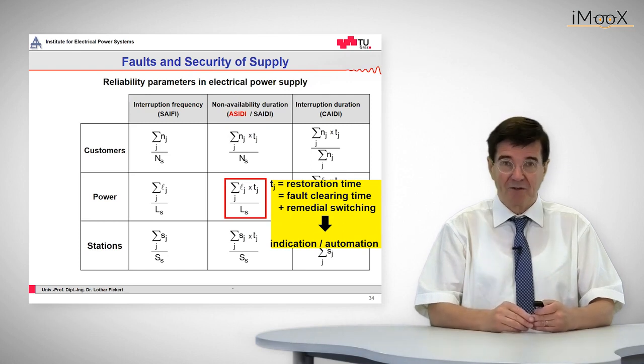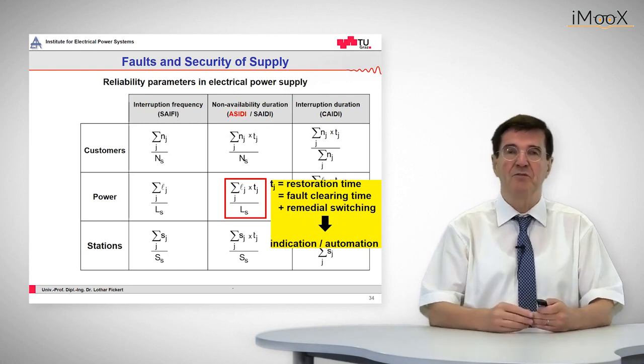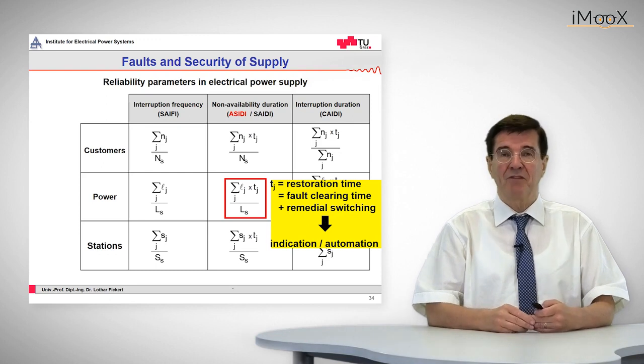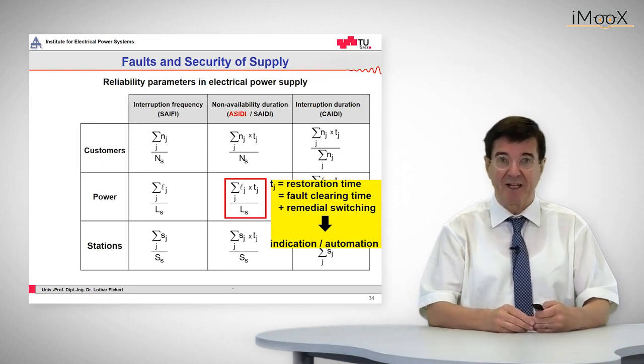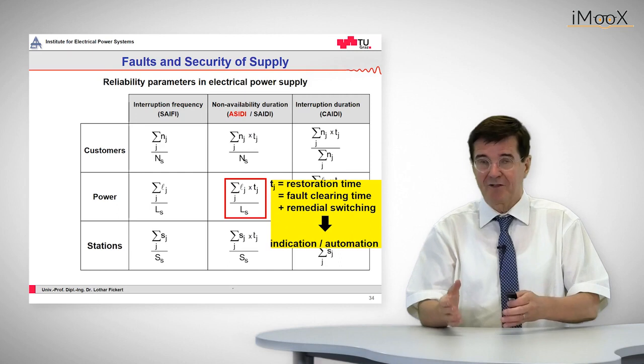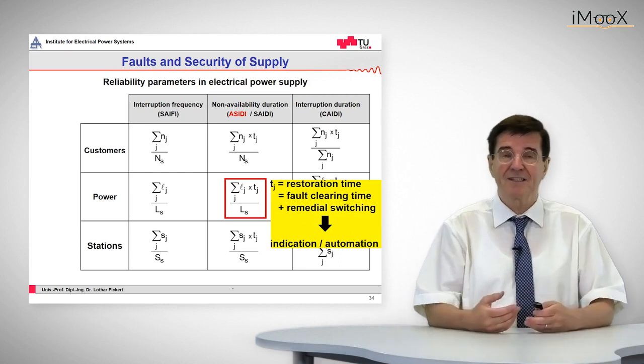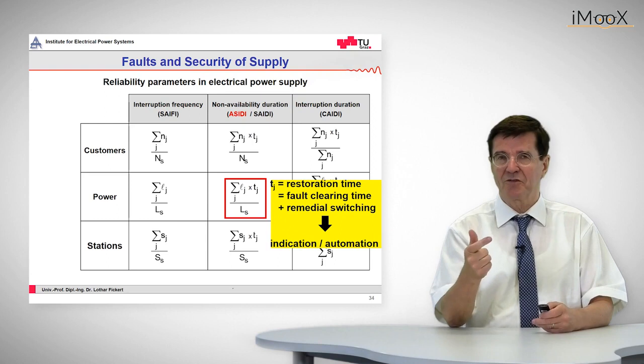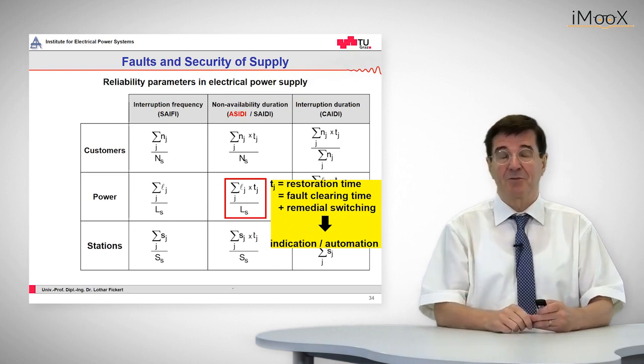What can be done to lower this figure and improve the quality of supply? That can be done by quick restoration time, by quick fault clearing times, and by very effective remedial switching, either automatic or manual. In both cases, whoever or whatever restores the supply by switching must have good information about the type and the location of the fault, and that can be optimally received from the protection devices.